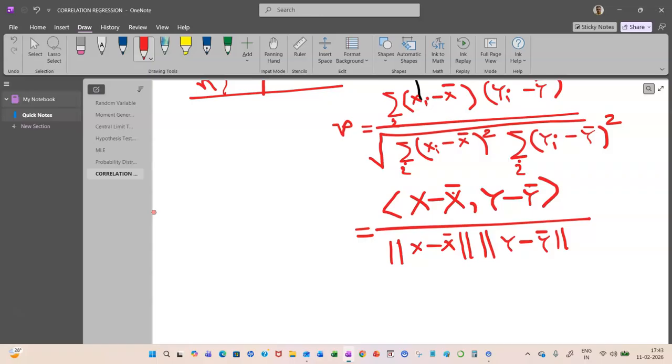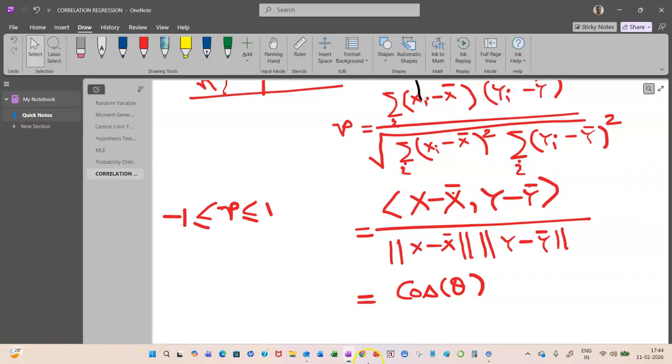So this is the cosine of the angle theta between x minus x bar and y minus y bar. Since this is cos theta, the value of r is between -1 and +1.